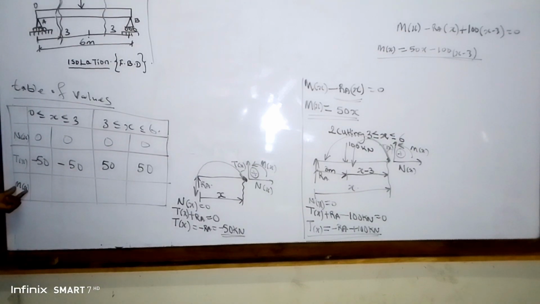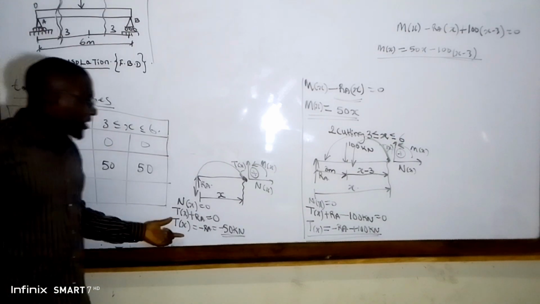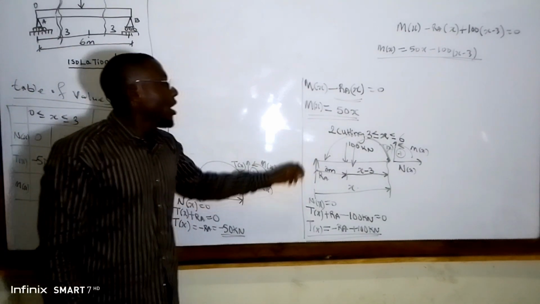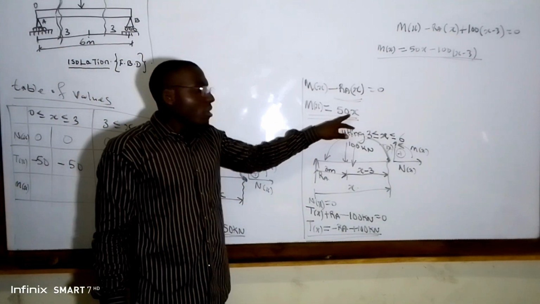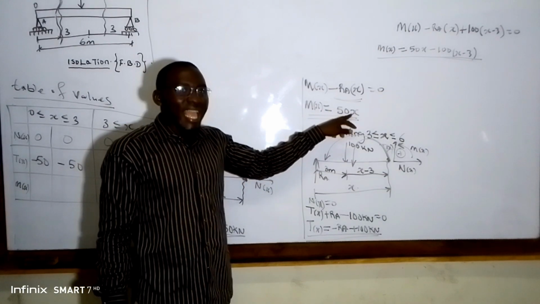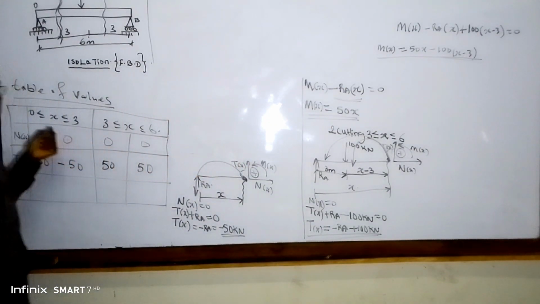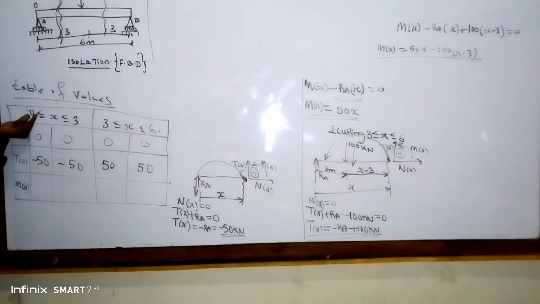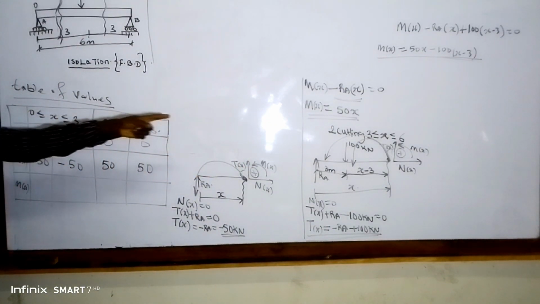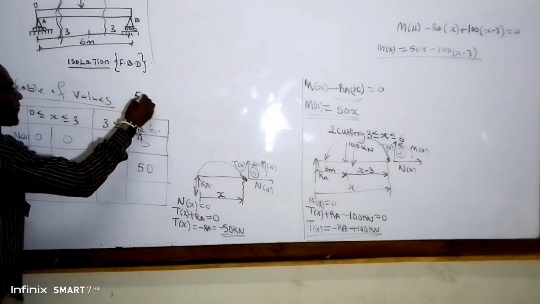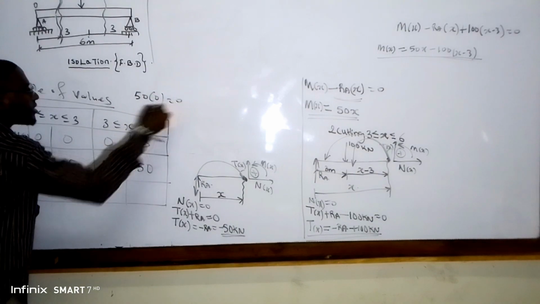Guys, let's come to our M of x. Our M of x for the first cutting is 50x. Because our M of x for the first cutting has the variable x, we are going to substitute the limits. Take this 0 and substitute where you have x. So 50 times 0 is 0.